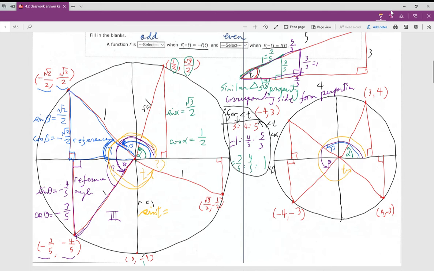We don't need to find it right now, but the terminal side is here. So the coordinate for the y value is negative 1/2. And the cosine t, the x coordinate value, is square root of 3 over 2.